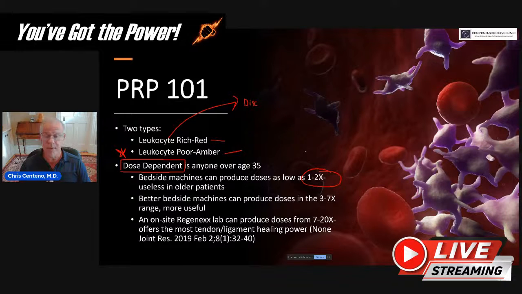But if you're middle-aged or older, it's not going to work. So then we've got other clinics that have these small bedside machines, and they can get into a 3 to 7x zone, so 3 times to 7 times the normal platelet amount that they started with. And that's better, certainly, than 1 to 2x, but it's not nearly as good as someone with a lab can produce when you're getting to 7 to 20x.